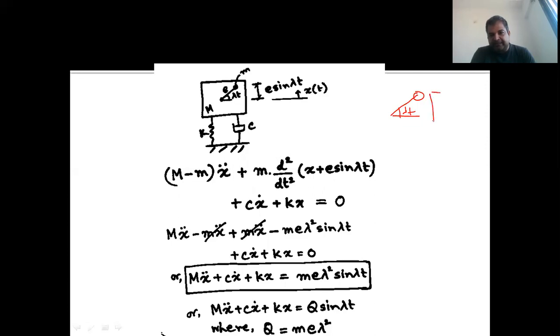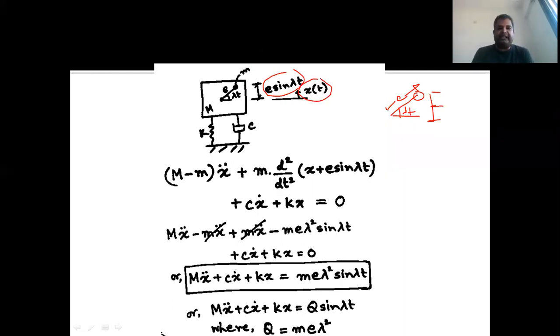It is nothing but e. So if you take the sine value, this value will be e sine lambda t. So this is the displacement of the small m. The whole block has a displacement of x of t.